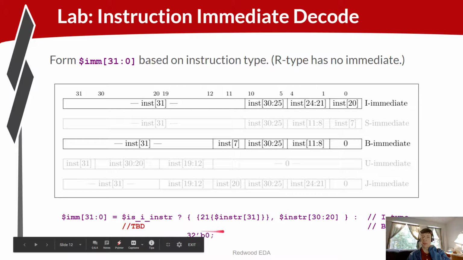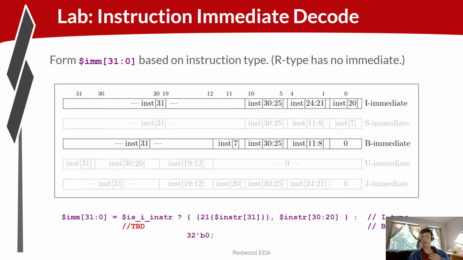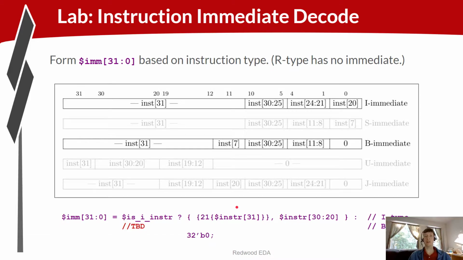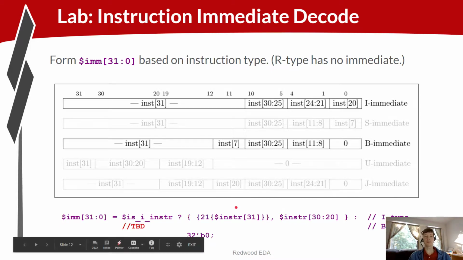And then you'll do similar for B-type instructions. So go ahead and pause the video and implement that logic, and you should see that once you implement that, the decode logic now shows proper fields for instructions as they're fetched and decoded. All right.